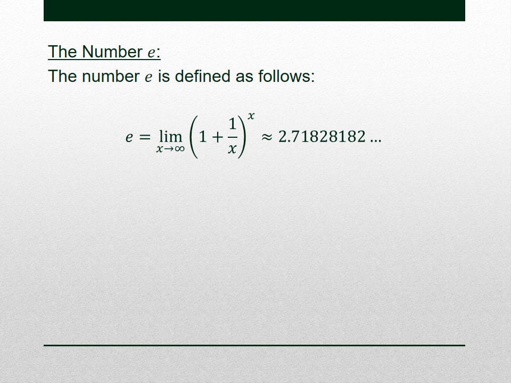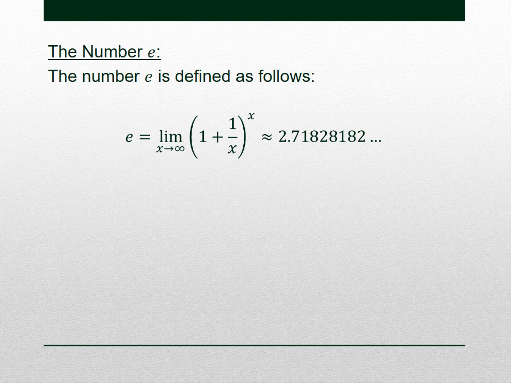But it's a really important number, especially in a lot of applications. Where did that random number come from? It's defined as the limit as x goes to infinity of (1 plus 1 over x) to the x. I don't expect you to know how to take that limit. It's not an easy thing to do, but if you trust me, it's about 2.7, and that limit is what we call the number e.